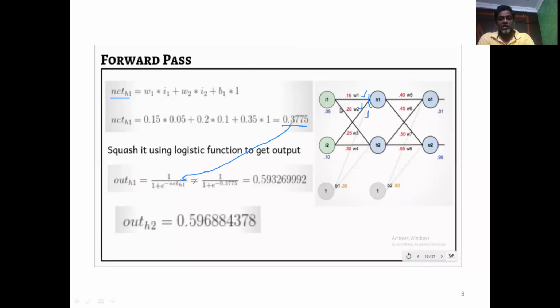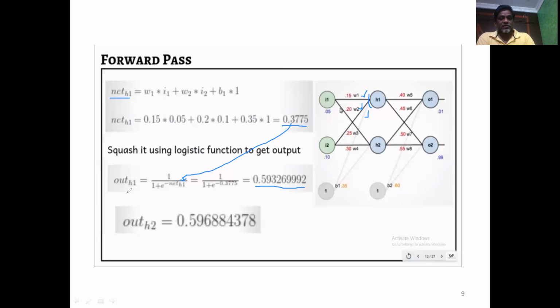Then it becomes 1 by 1 plus e power minus 0.3775. You can calculate this as 0.5932, something like this. Use a calculator to calculate this value. We require some advanced calculators while doing this mathematics. You cannot do it manually.